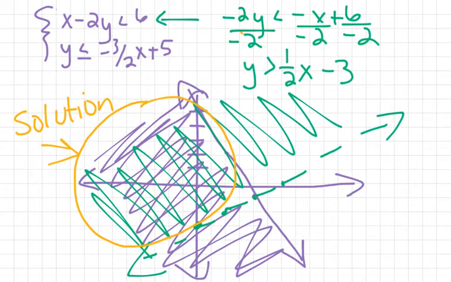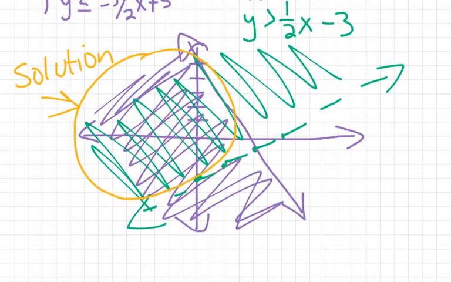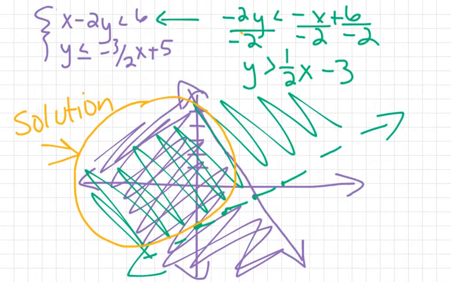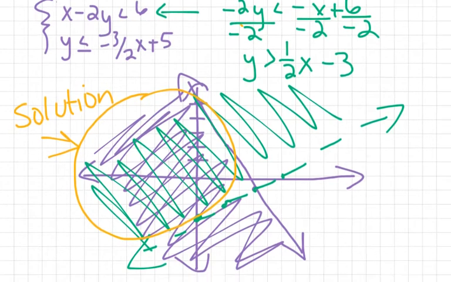So I could pick, say for instance, -1, 2. Let's do that. If I choose -1 and 2 to plug in, I'll choose x minus 2y is less than 6.